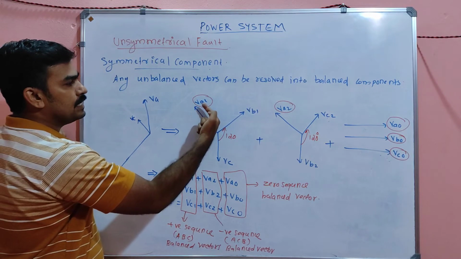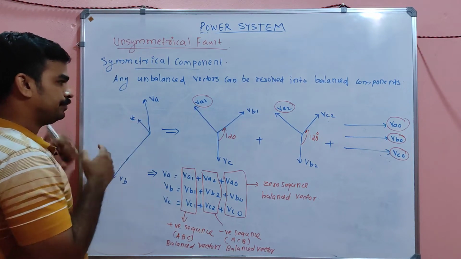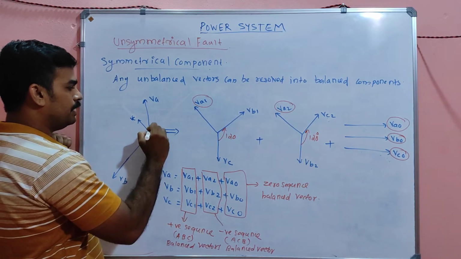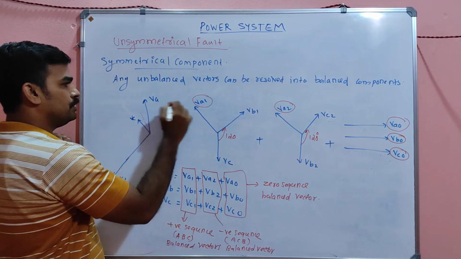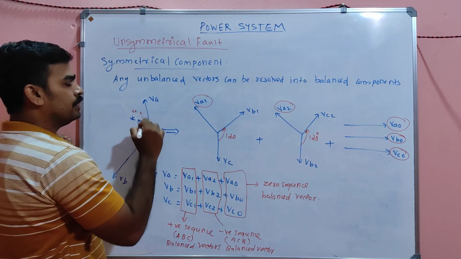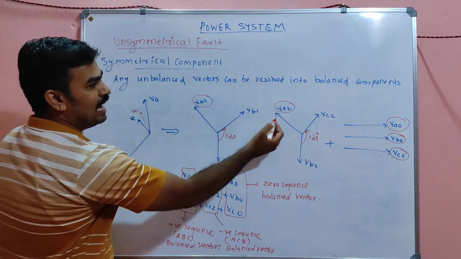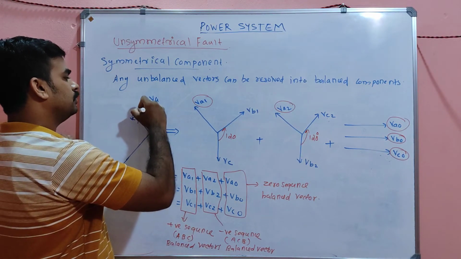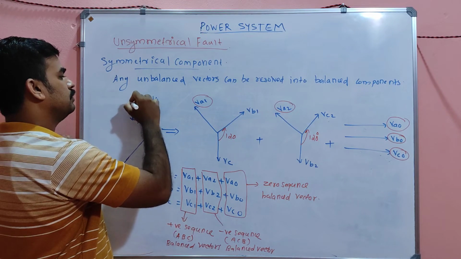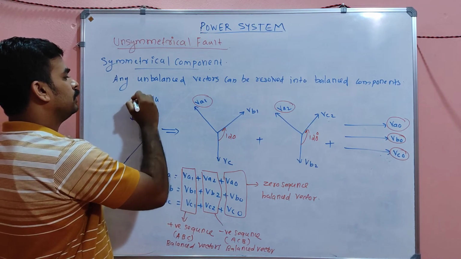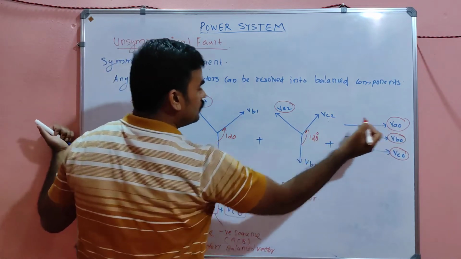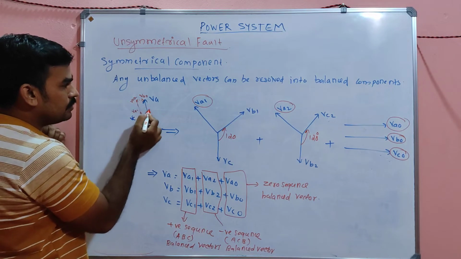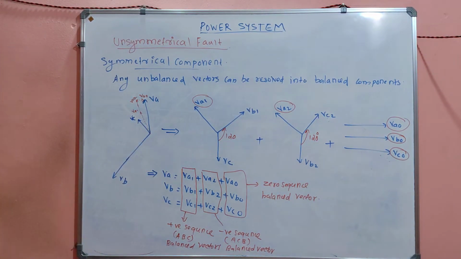If I place VA here, I will show you now. If I place my VA here, VA1, and if I place VA2, simply like this, and also I place VA0, which is horizontal, the resultant of the three will be VA, that's all.